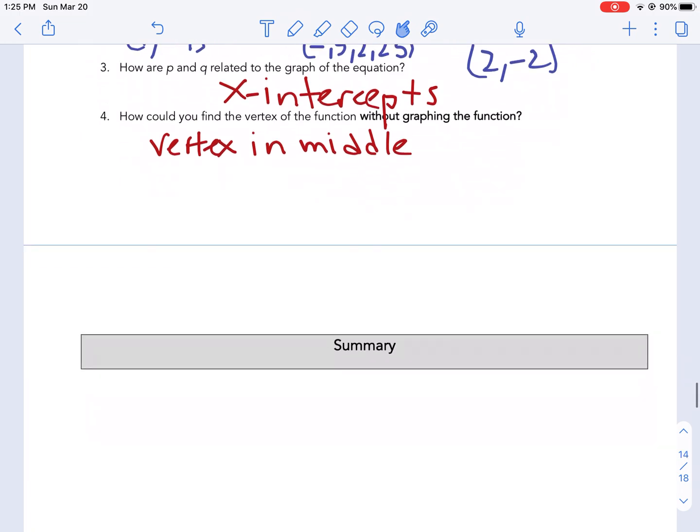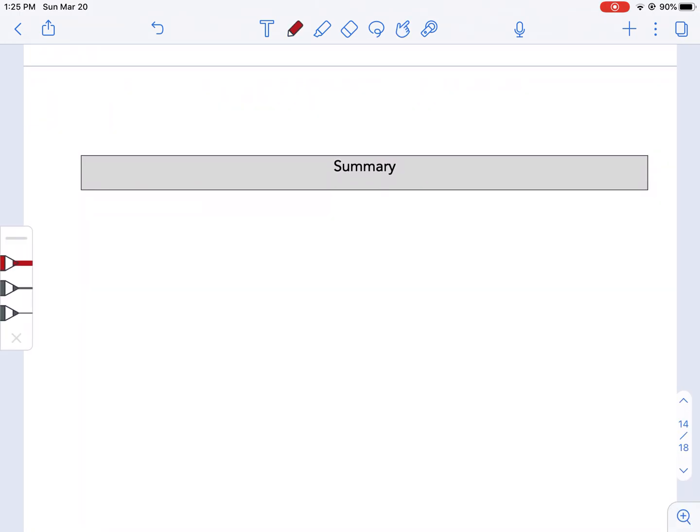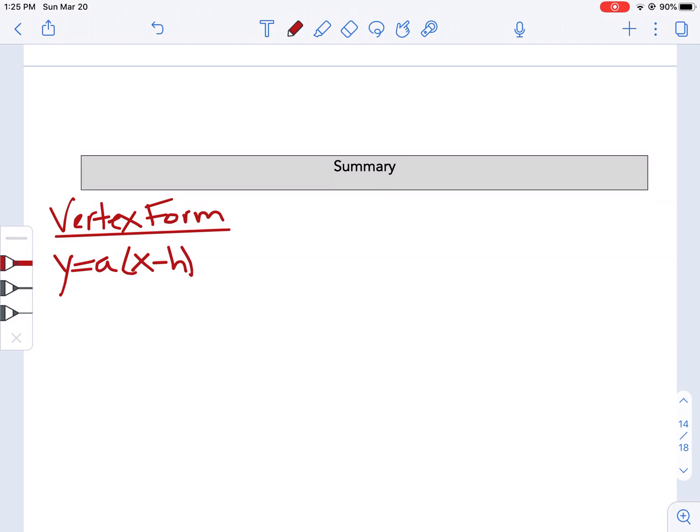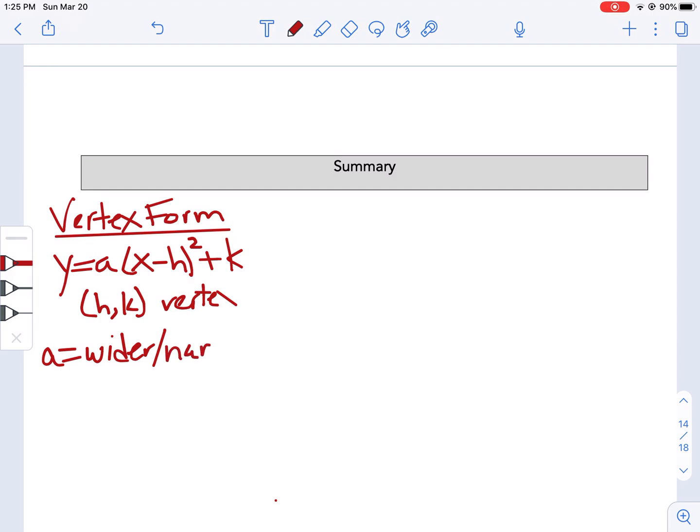So if you flip to this back page, we're going to summarize what we've talked about. So yesterday, we focused on vertex form. So vertex form, y = a(x - h)^2 + k. And we said (h, k) was our vertex. And a makes it wider or narrower. And if it's negative, it flips it.